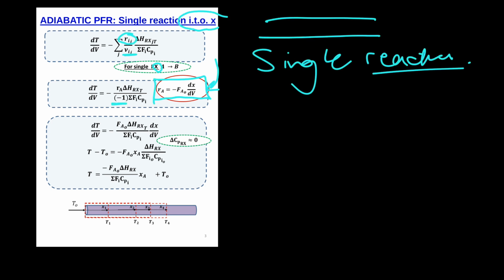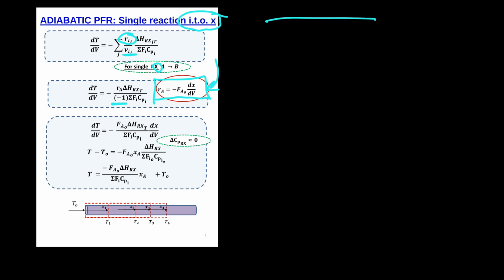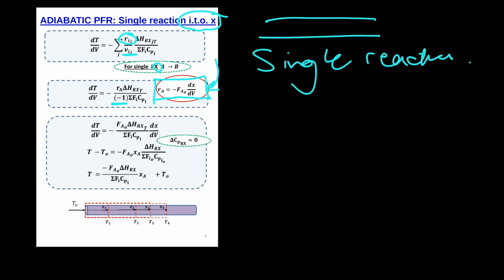If you would like to use X as your dependent variable along the length of your reactor as you integrate, and of course for a single reaction that is still possible. So if I inspect this equation over here, I must write this rate therefore as a function of X, and from my mole balance for PFR, make sure that you are able to still derive that equation and recognize that equation.